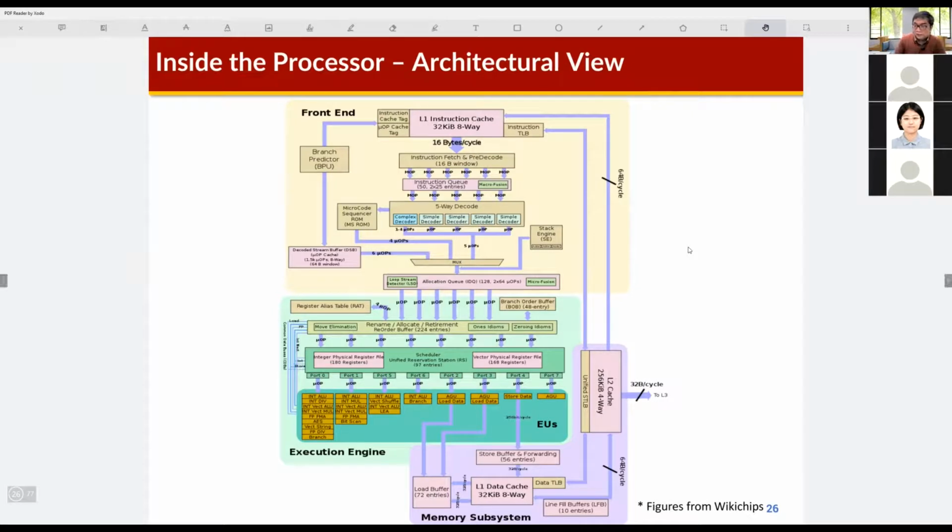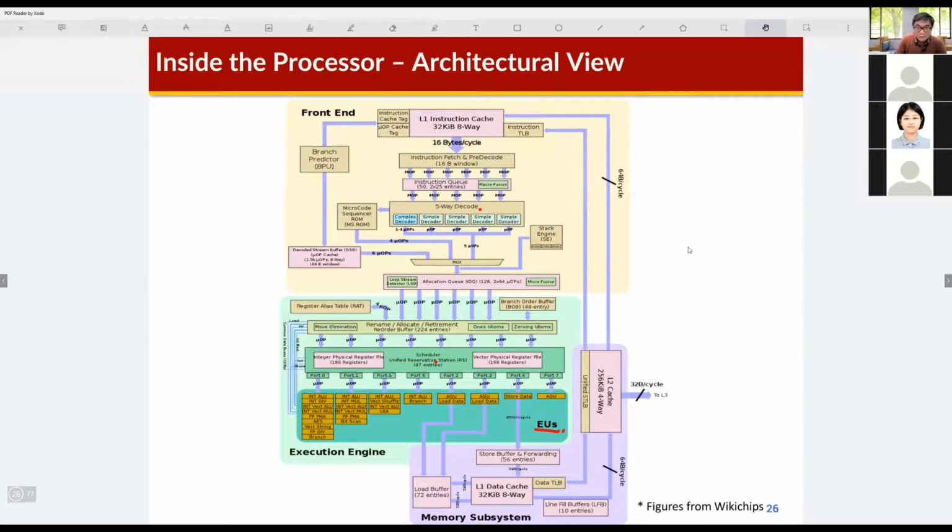These blocks are connected to each other, because in order to build hardware, you need to design a single component, and then connect it to other components. So in this figure, you can find some hardware components such as the branch predictor, decoder, scheduler, and execution units. EU means execution units.